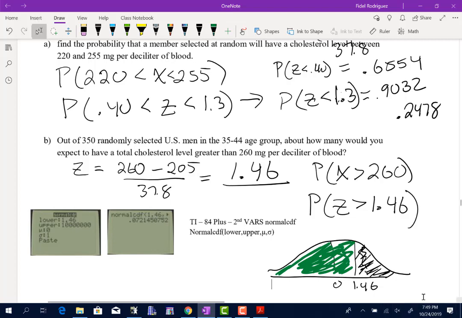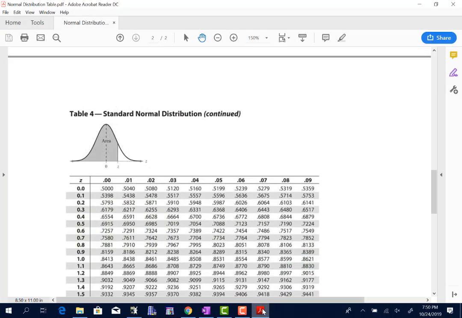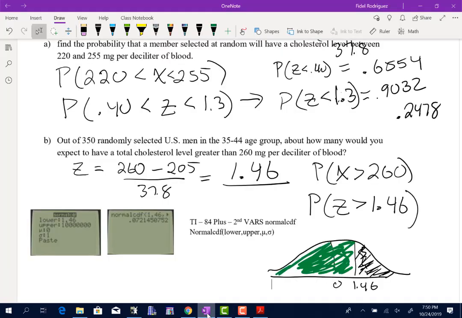Okay, so guys, I'm just going to grab my table because I know it's right here. 1.46, here we go. 1.46 is what number? 0.9279? Does that look about right to y'all? Yeah, 0.9279, okay. So we know the area to the left is 0.9279.